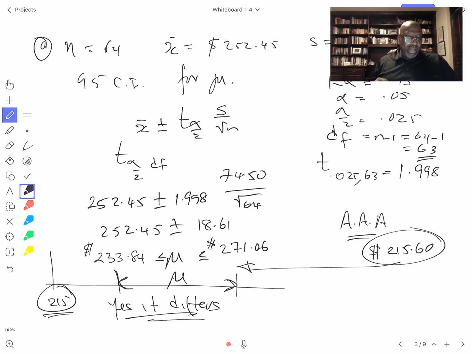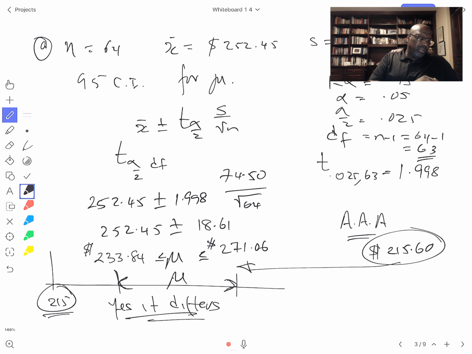All right. So that's that question. We did a large sample problem involving the normal distribution, so using Z. We did one involving T. We found sample size. Let's find sample size in this case. Now, currently, our margin of error is $18.61. What if we wanted an estimate within $15 of the mean?